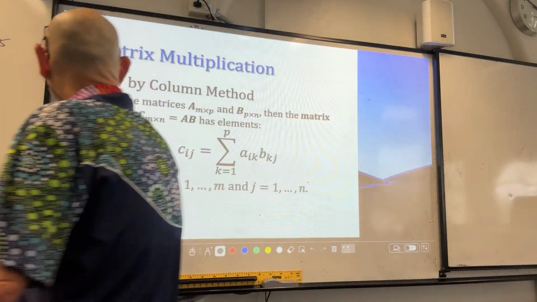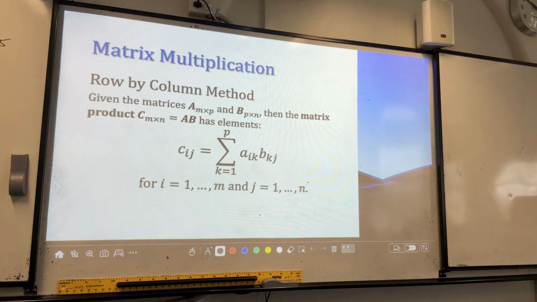Now, for matrix multiplication, it's a row by column method. Remember, row and column.